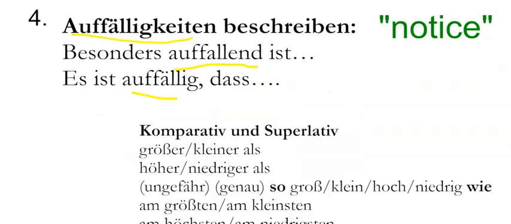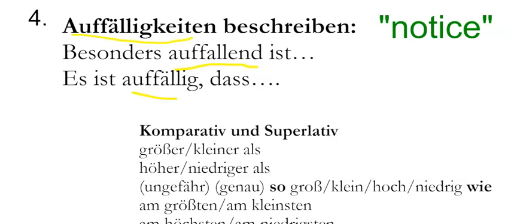So, Auffälligkeiten. These would be like distinctive features, things that are noticeable. So, Auffälligkeiten beschreiben. So, what's noticed? Look at the graph and describe it. And you're going to probably want a couple sentences with this information. And here are some easy sentence starters.